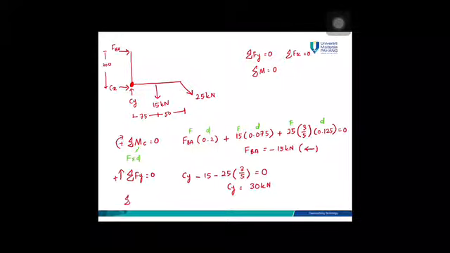And the last one will be summation Fx is equal to 0. To the right is positive. Then you have Cx plus 25 times 4/5 minus 15. Remember the FBA is equal to 0, and then Cx is equal to negative 5 kilonewton.